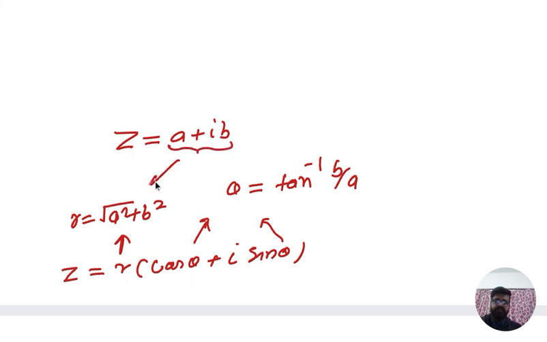So from here we find a and b, and then I will write it downward. We have to move in this direction, and we will find the polar form, the polar representation.